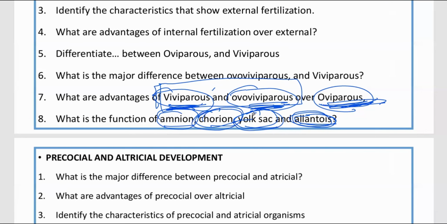Chorion, respiration and gaseous exchange. And then yolk sac is responsible for storage, providing nutrients to the developing embryo. In most cases, they call it yolk. Yolk stores that, and then yolk sac provides it. And the allantois is responsible for wastes. So those four membranes, you must know at least the function, and we call them extra embryonic membranes.